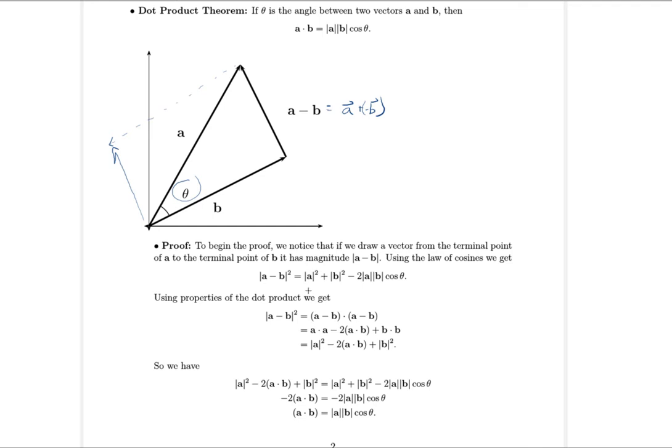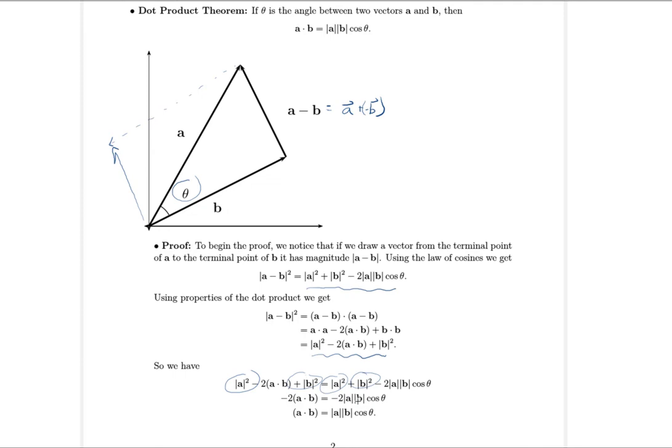Taking the right side of this one and the right side of this one and setting them equal, and doing some rearranging, notice that this is on both sides so they can go away, and that is on both sides so they can go away. You end up with this, and if you divide by -2, you end up at the dot product theorem. So that's also a useful formula for us.